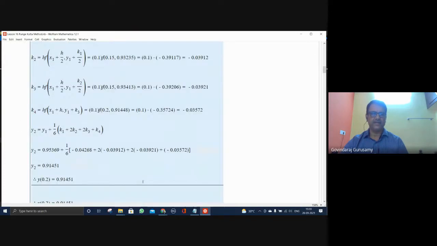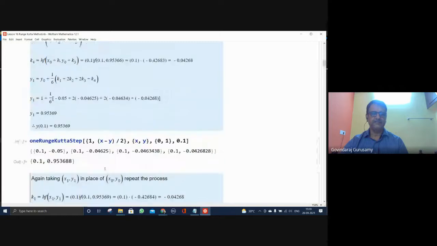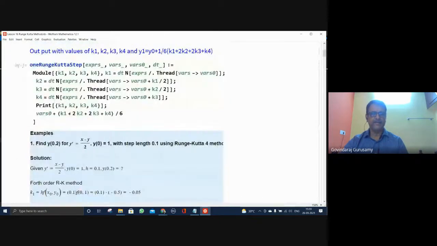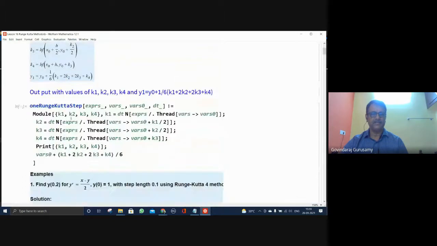Let me try to see this. As a first step, what you have here has been written in this form: expression, your variable and initial values, and dt. These variable names can be anything because we are defining them with a delayed equal. It can be dt, x or y; these are all options that you have, but we try to keep it consistent like this.